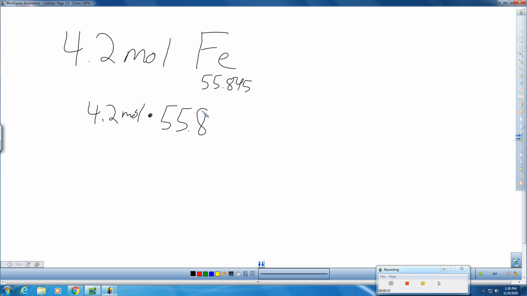Yeah, this is not too hard, okay? The units of that atomic weight are grams per mole. So what cancels? The moles cancel, and we are left with, can you calculate this real fast?